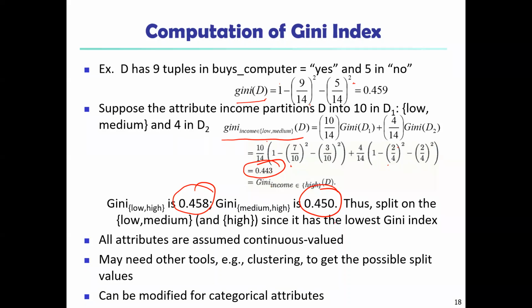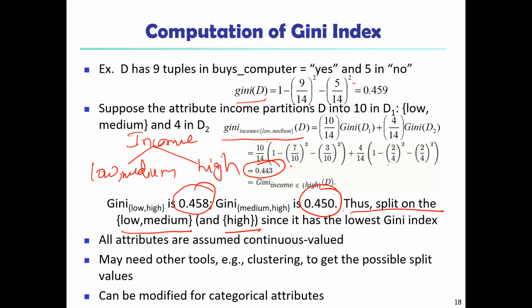So the split is done on low, medium and high. Income is split like low comma medium, and high, because it contains the lowest Gini index value. So splitting is done like this.